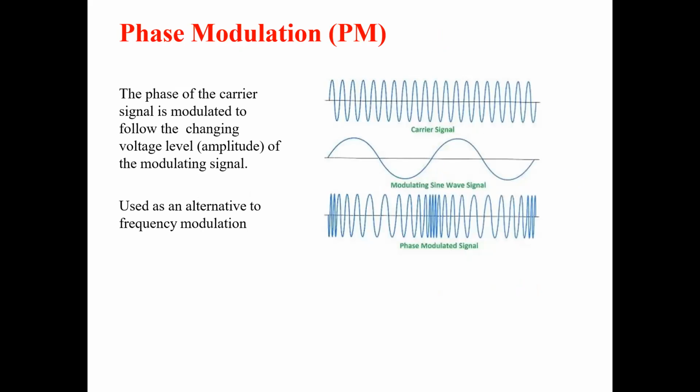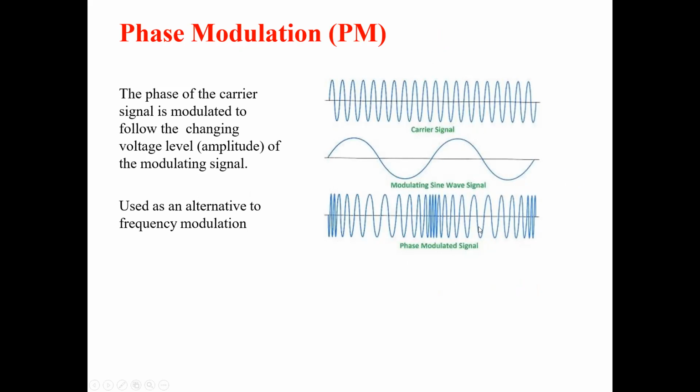Next is the phase. Phase means from 0 to 1. When the phase changes, that is called what? Phase modulation. This is the carrier. This is the modulating sine wave. And this is the phase modulated signal. See, this is the highest, means there are no intermediate waves here.